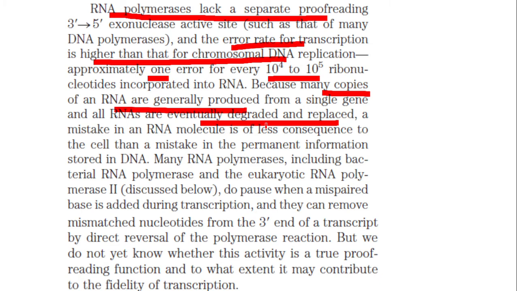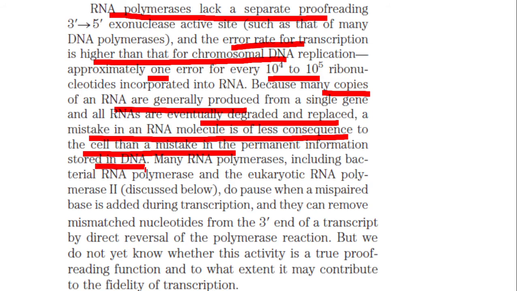So even if an mRNA is produced with a wrong sequence, since its lifespan is very little, it is unlikely that an mRNA molecule will have a deleterious effect on the cell in case of a wrong transcription. That is what is explained here.